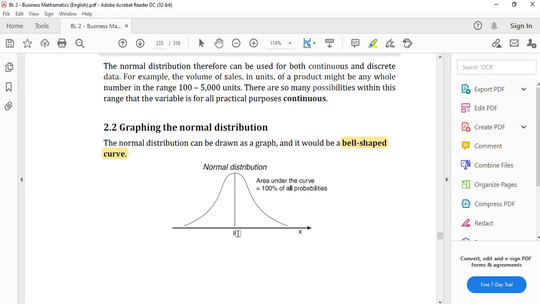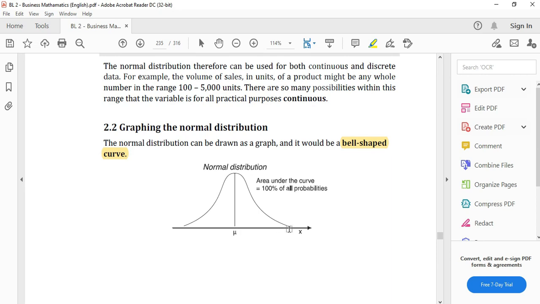However, the U-shaped symbol, we learned, represents the mean average, and another name for this symbol is mu. So what it represents here is that the mean is right in the middle of the data and there's an equal spread of data around the mean.